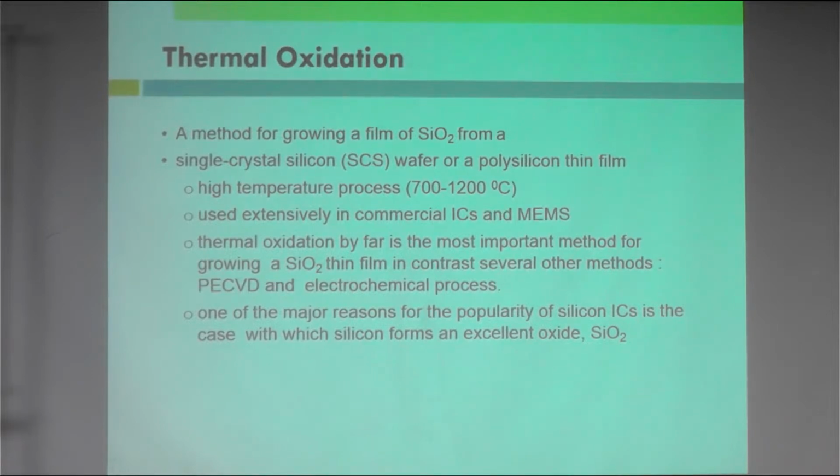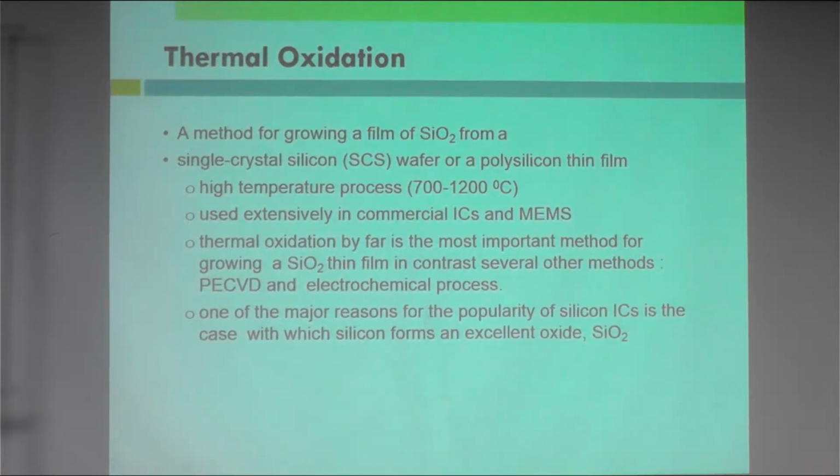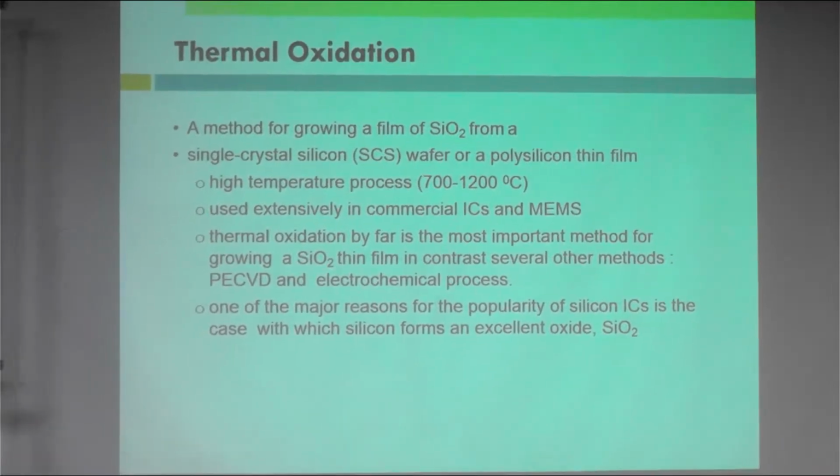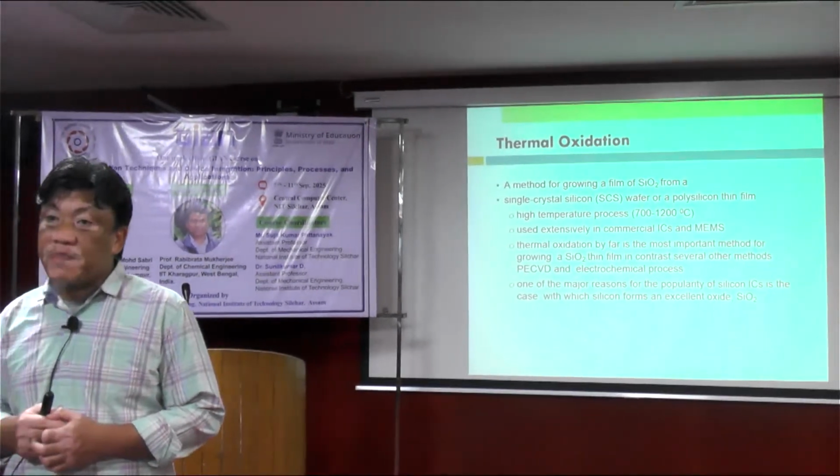So thermal oxidation, firstly, what is thermal oxidation? It is a method of growing a film of silicon dioxide from a single crystal silicon wafer or polysilicon thin films. Basically, as we discussed before, in a MEMS device, silicon is a semiconductor material.